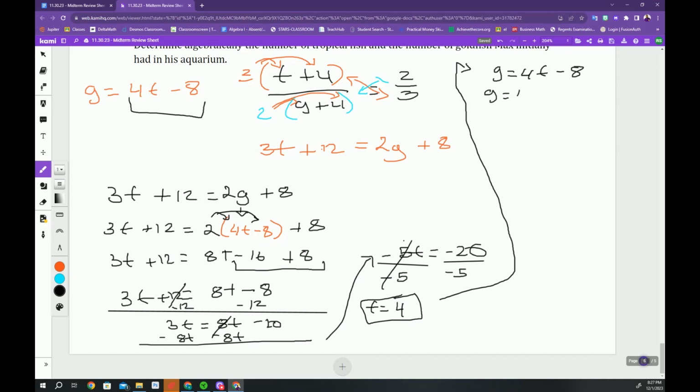G equals 4 times 4 minus 8. G equals 4 times 4 is 16 minus 8. G equals 16 minus 8 is 8. So G is equal to 8.